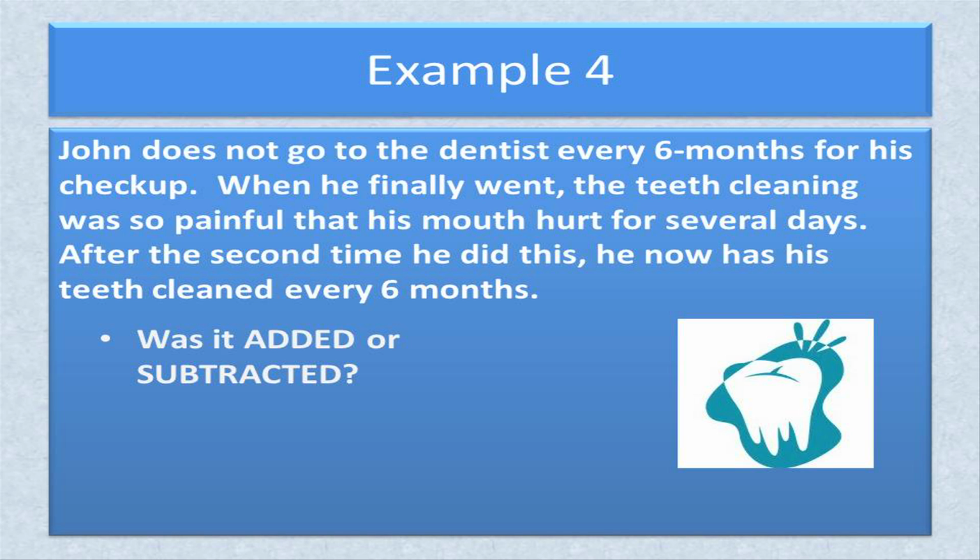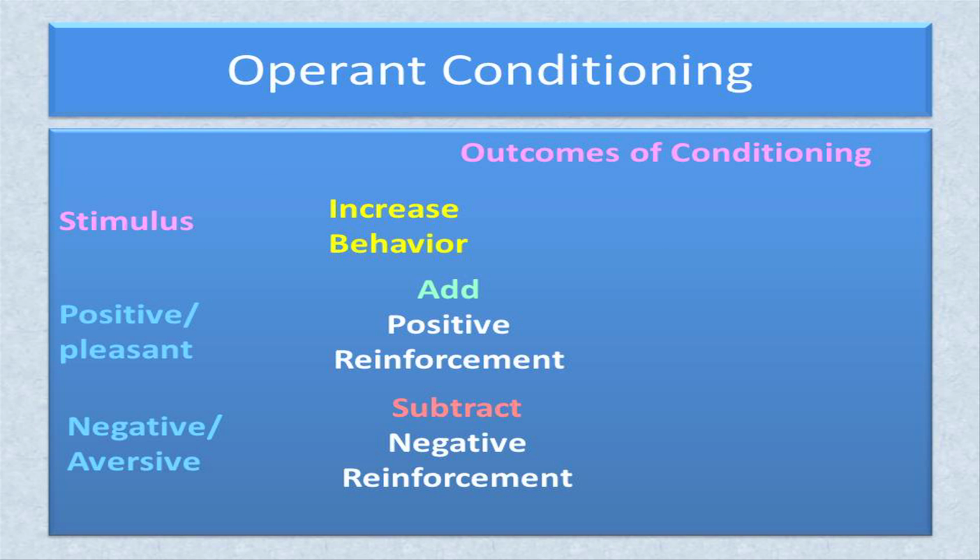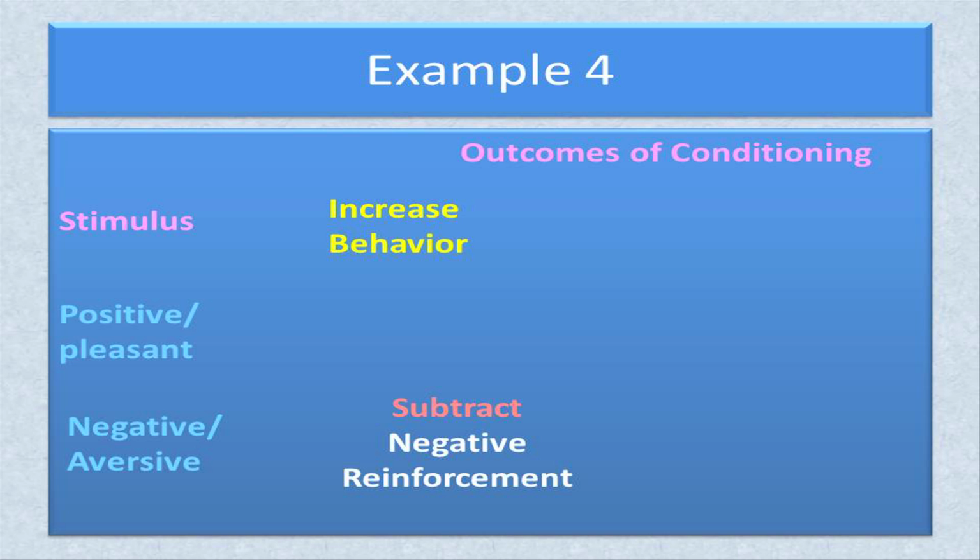Was the consequence added or subtracted? The mouth hurting was subtracted. So we can eliminate positive reinforcement, as that would involve adding a pleasant stimulus. Therefore, this is an example of negative reinforcement. When going to the dentist, behavior was increased. The negative stimulus of mouth hurting for several days was subtracted.